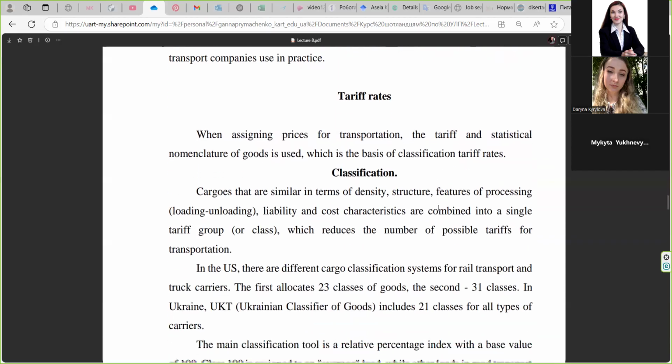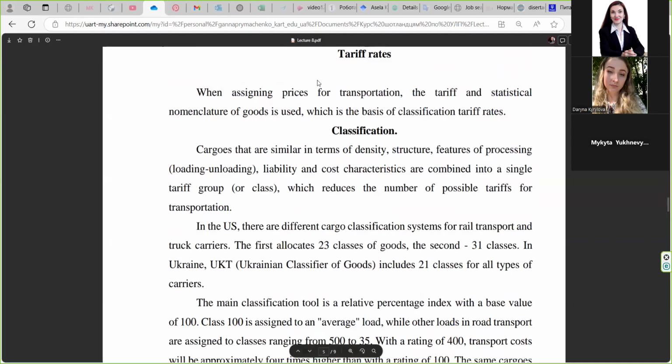So, what is this classification? Cargoes that are similar in terms of density, structure, features of processing, loading and unloading operations, liability, and cost characteristics are combined into a single tariff group, a class, for example, which reduces the number of possible tariffs for transportation.